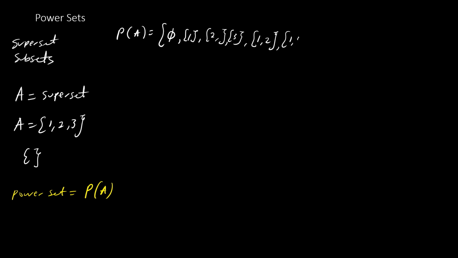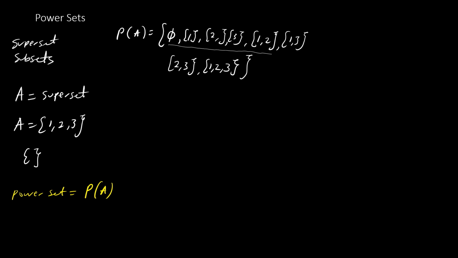We can take 1 and 3. Here we can take 2 and 3. And lastly, we can take 1, 2, and 3. So this is the power set of A, the set of all the subsets. So we have these subsets: the empty set, 1, 2, 3, 1 and 2, 1 and 3, 2 and 3, and 1, 2, and 3. So this is the power set of set A.